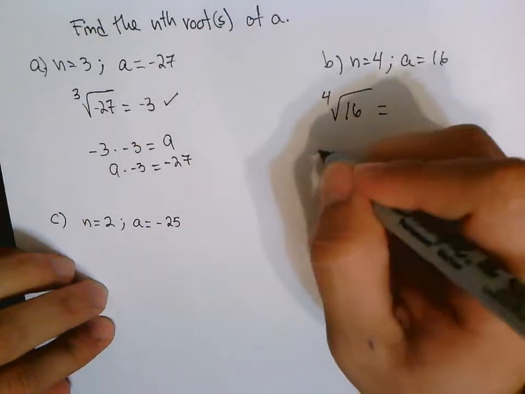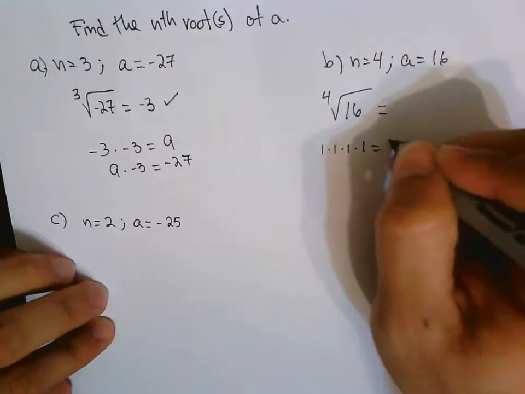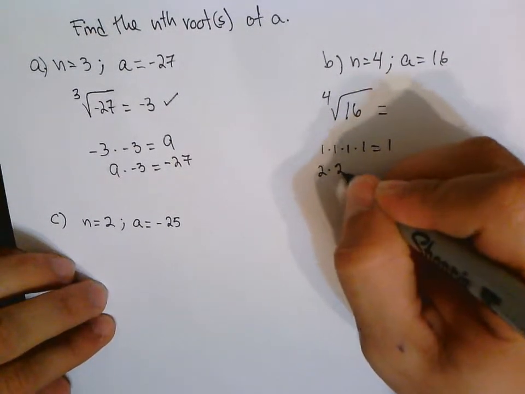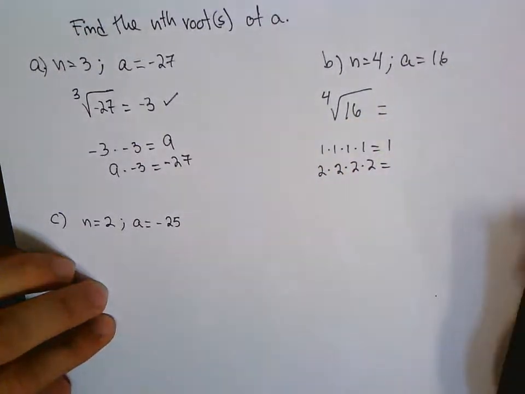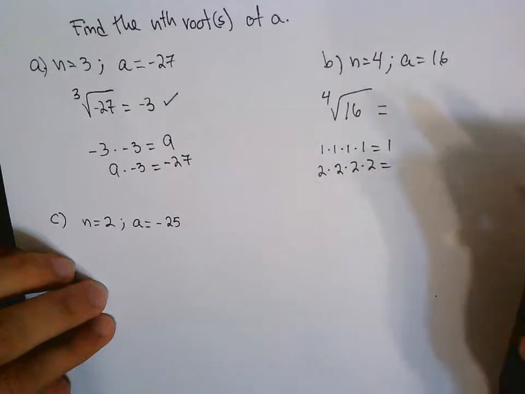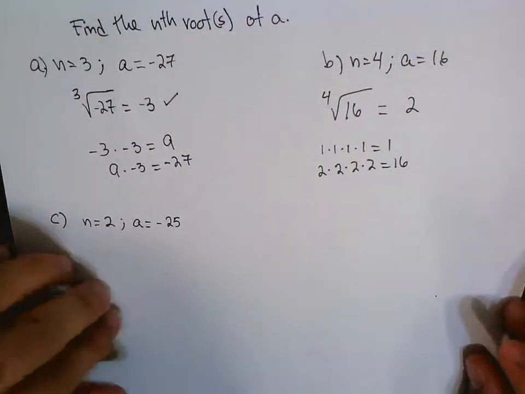So let's think. Let's start with 1. 1 times 1 times 1 times 1 just gives me 1. That's not going to work. 2 times 2 times 2 times 2. Will that work? Well, 2 times 2 is 4. 4 times 2 is 8. 8 times 2 is 16. So the answer is 2.